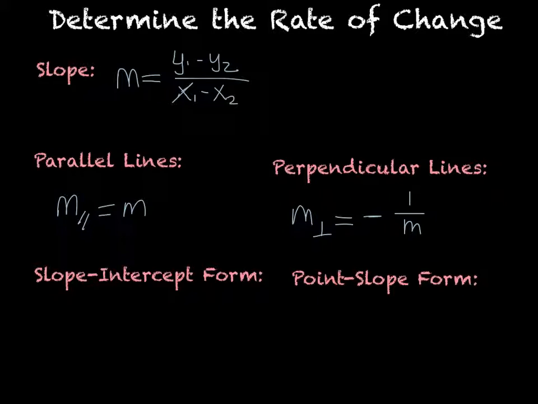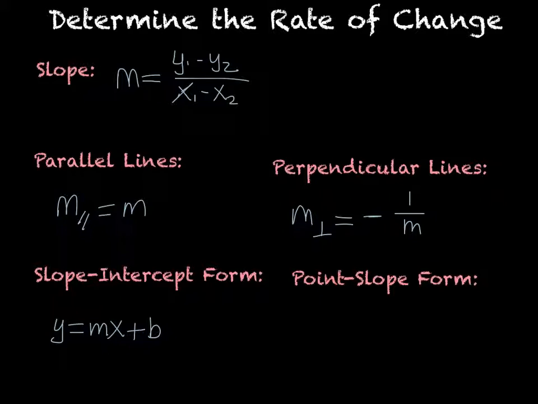And basic forms that we will use quite often, slope-intercept form and point-slope form. Slope-intercept form is y equals mx plus b. M being your slope, b being where it crosses the y-axis, the y-intercept.